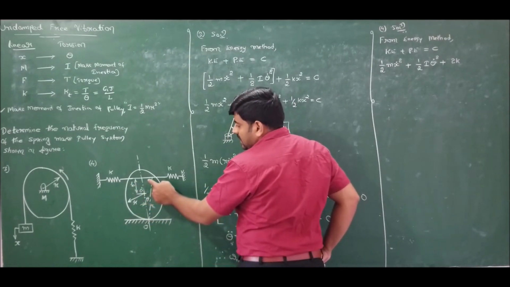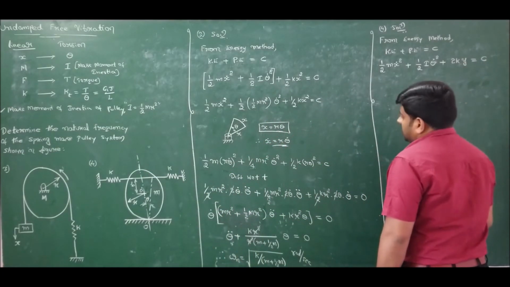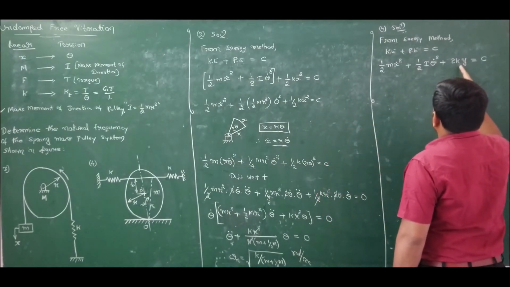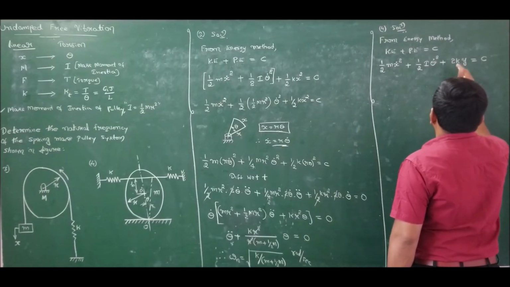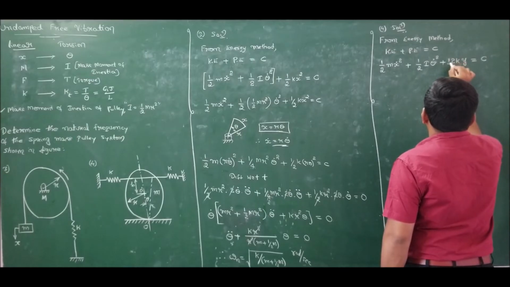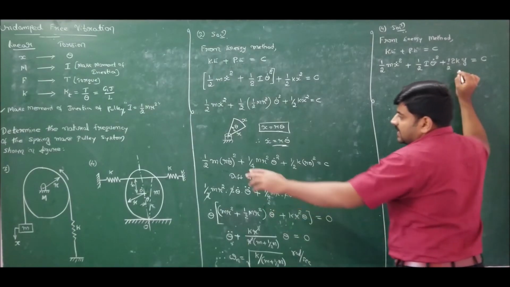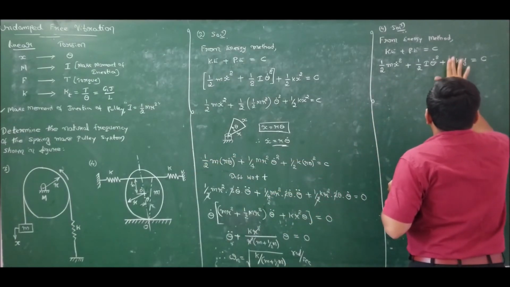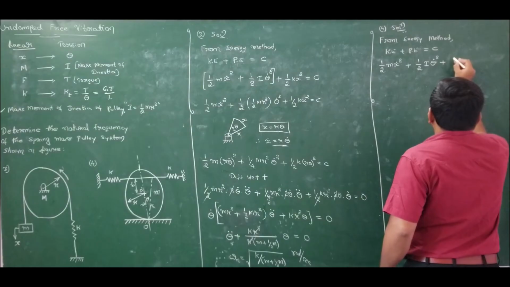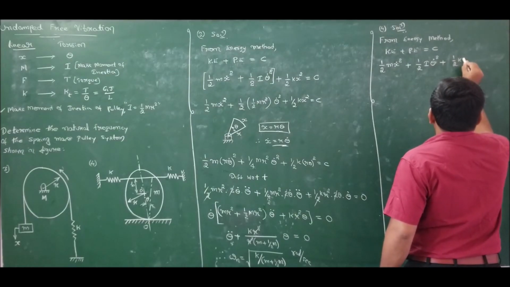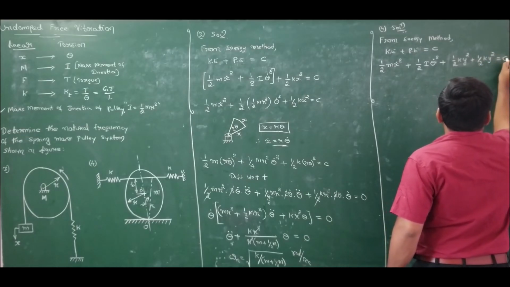The potential energy is half k x square, so for individual springs I can simplify further: half k y square plus half k y square is equal to constant.